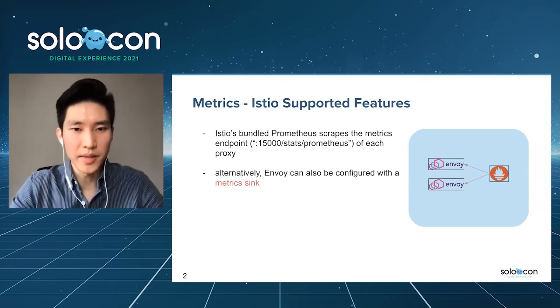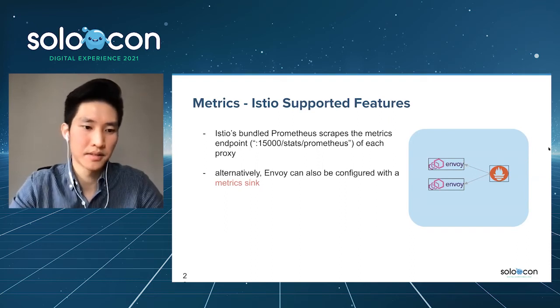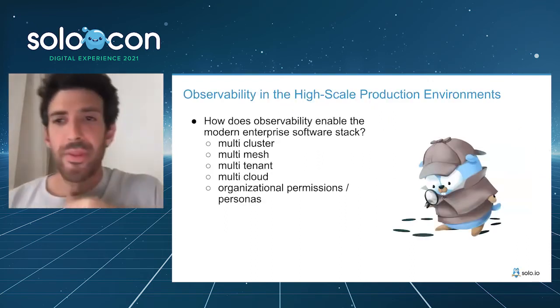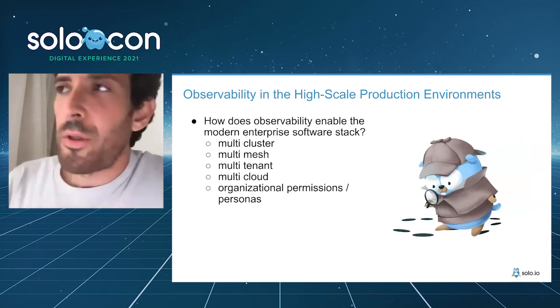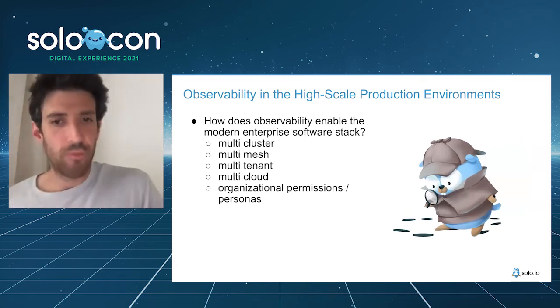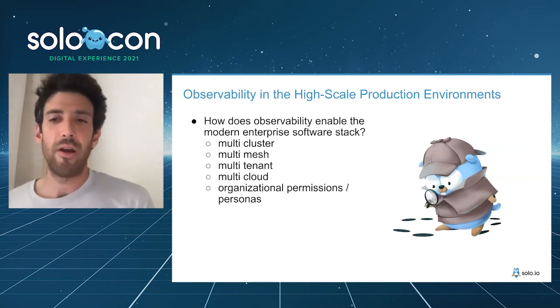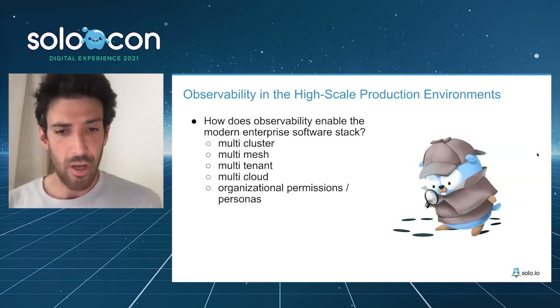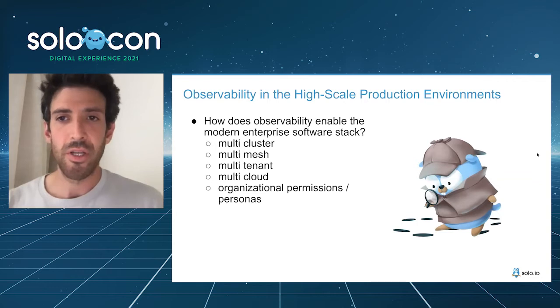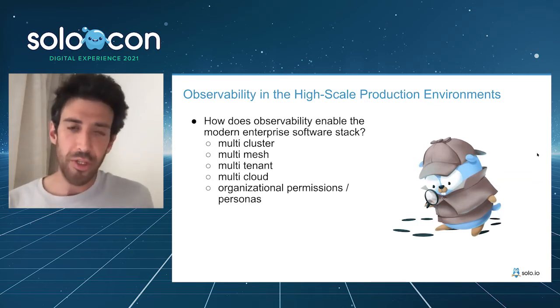So now I'll hand it back to Scott to discuss some of the challenges with achieving observability in high-scale environments. Thank you, Harvey. So when we look at the real world use cases, when we look at how customers today are actually running their mesh or running their clusters, they are running multiple clusters.